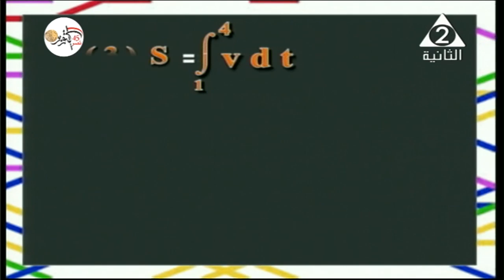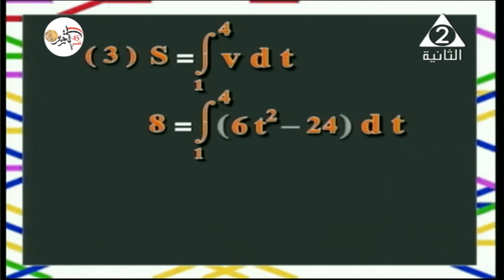s equals the integration from 1 to 4 of v dt. By substitution, s equals the integration from 1 to 4 of (6t squared minus 24) dt.